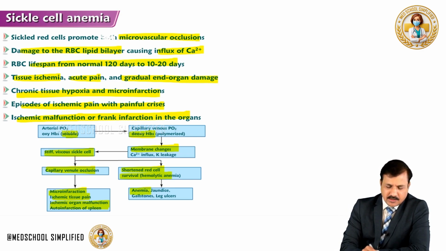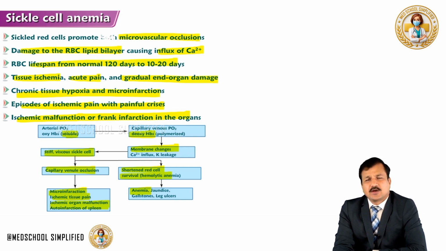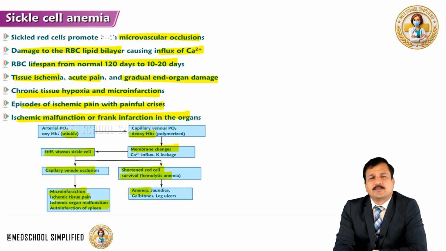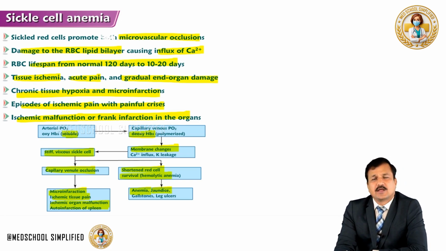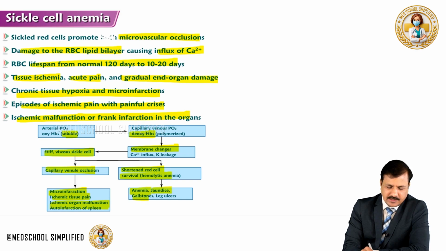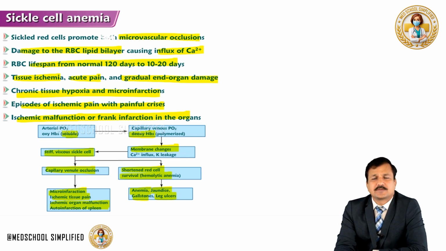And overall, because of rapid RBC lysis, it will lead to anemia, and breakdown of red blood cells releasing hemoglobin will increase bilirubin levels, and that will lead to jaundice, and excess bilirubin in the gallbladder will predispose to calcium bilirubinate stone formation, and those are the gallstones there. And also because of microinfarctions, especially in the lower limbs, it will lead to leg ulcers.